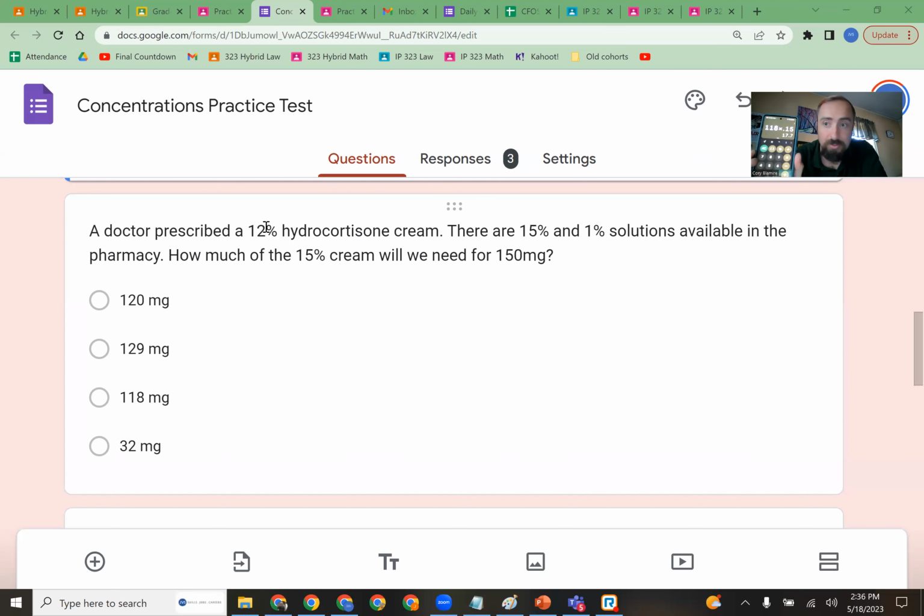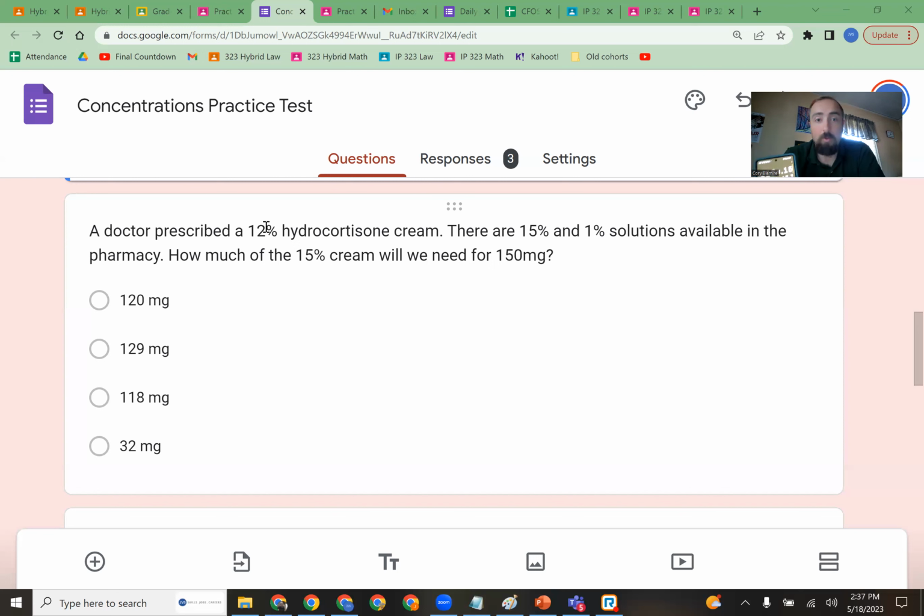This is how much is hydrocortisone, 17.7 milligrams. Remember that, 17.7, so jot that down. 17.7 milligrams is how much drug would be in 118 milligrams of the 15%. How much hydrocortisone is in that amount of the cream of that strength.